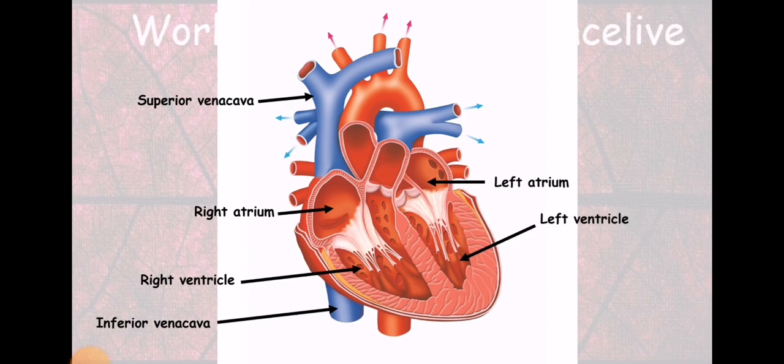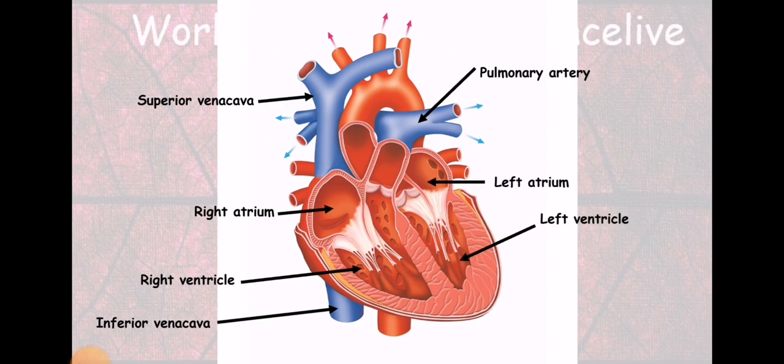Again, when the pressure of the right ventricle is high, the semilunar valve opens and blood flows into the pulmonary artery. You can see 2 pulmonary arteries. These pulmonary arteries reach our lungs for the purification of blood.